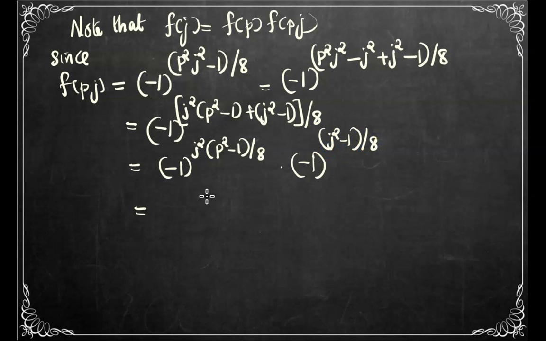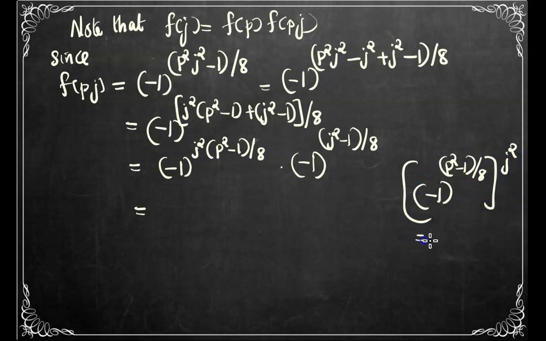The first quantity on the right side is minus 1 raised to p square minus 1 by 8, all raised to j square, which can be expressed as f of p all raised to j square. So this first quantity can be replaced with f of p all raised to j square.